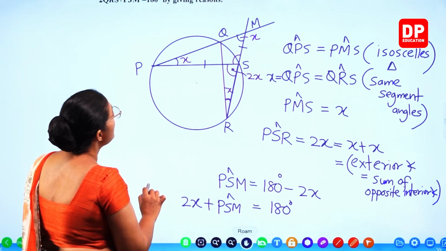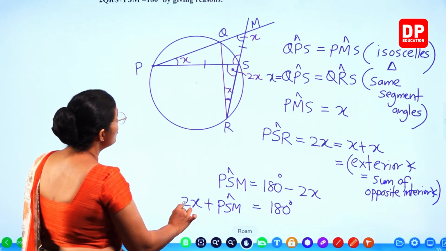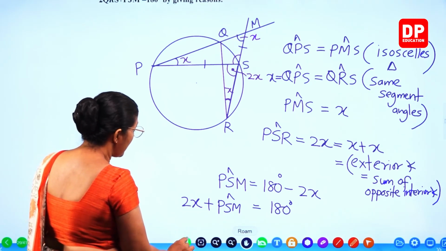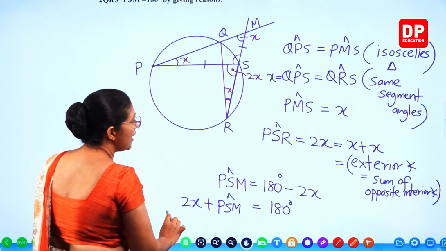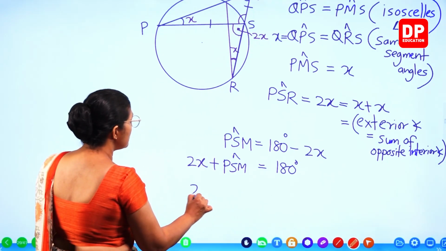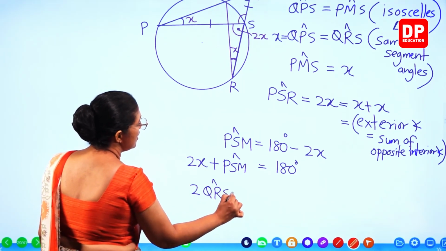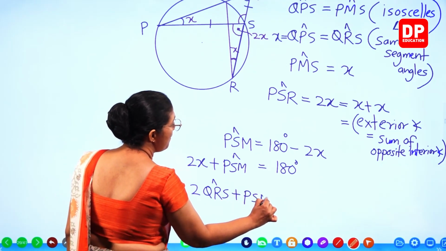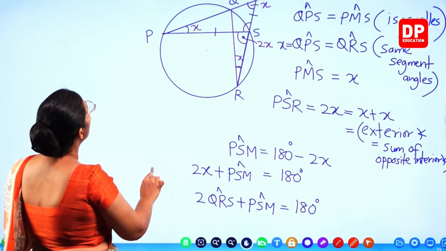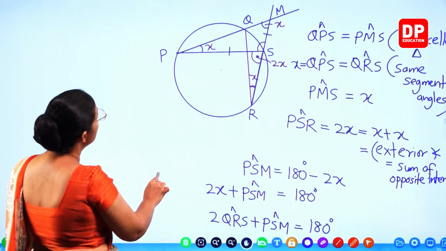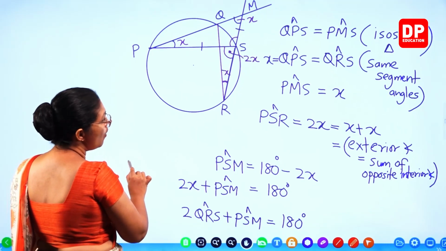But we took this one as 2x. Instead of x, I can write the required one, QRS. So here I can rewrite this as 2 times QRS plus PSM equals 180. So that's what we need: 2 QRS plus PSM equals 180. So that's the whole proof.